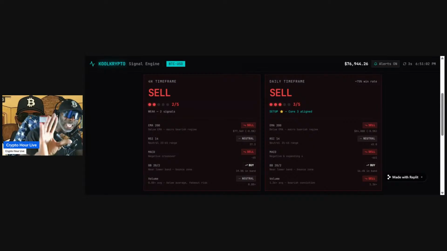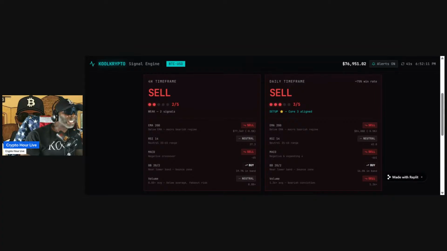If 5 indicators align at the same time, you only get three buy or sell signals for that month. Only 3, on the 4-hour time frame. On the daily, it is 2 to 4 times a month.